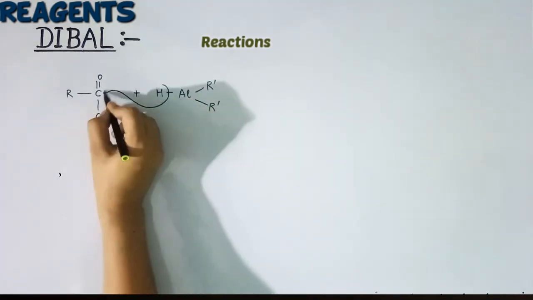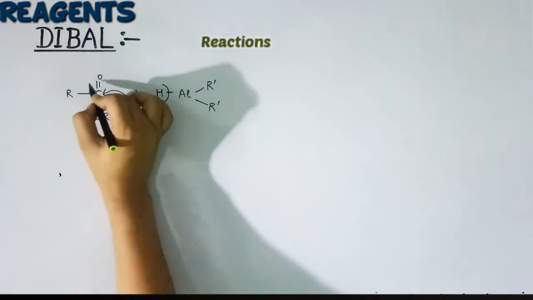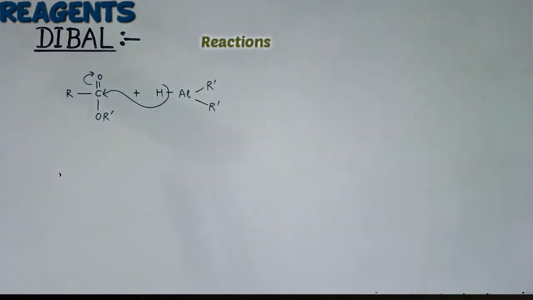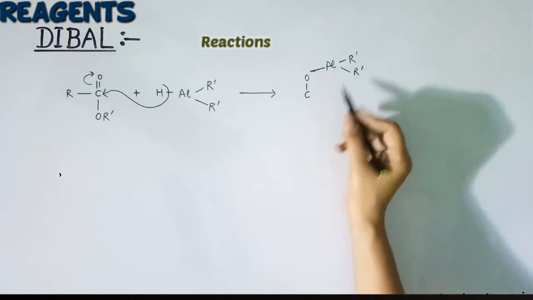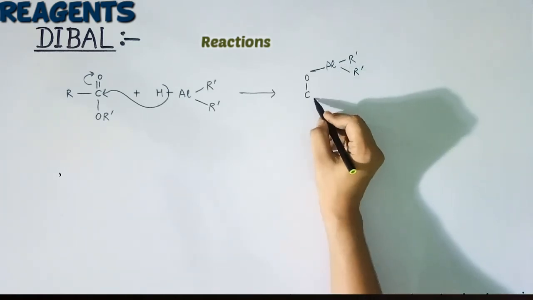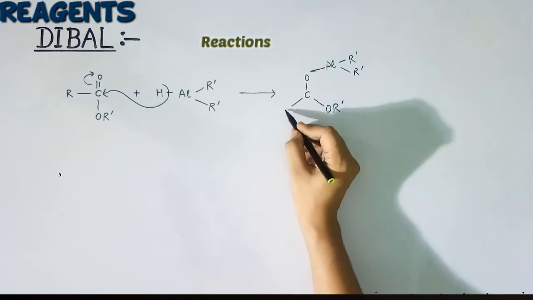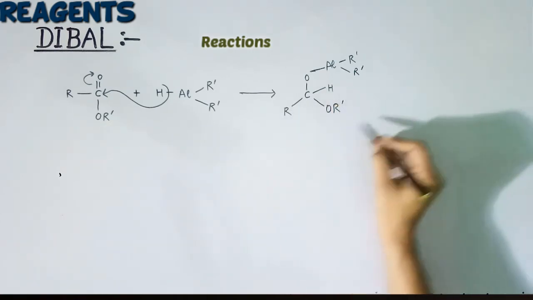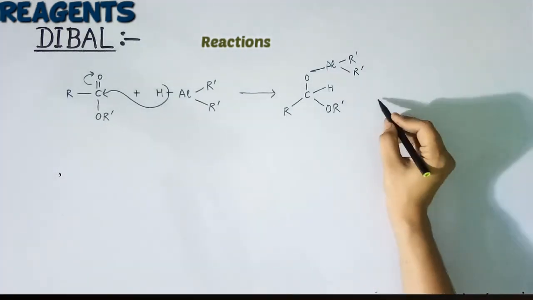What will happen, this hydride will react at that carbon and this bond will migrate to this position. So this aluminium will be attached to this, and you can see what is happening. Okay, this is the complex, that is the intermediate, that has been formed.